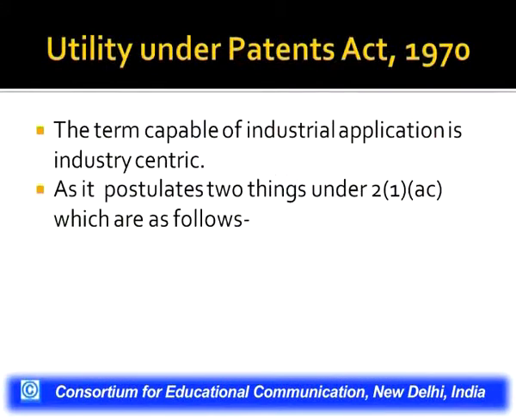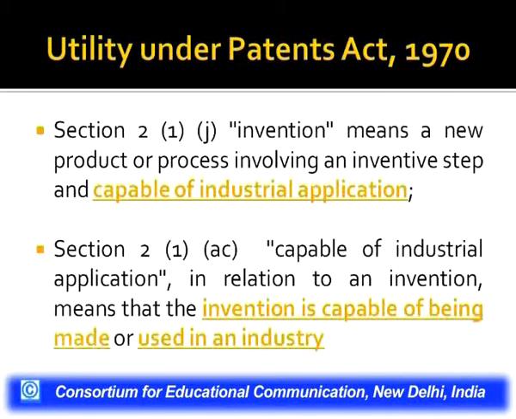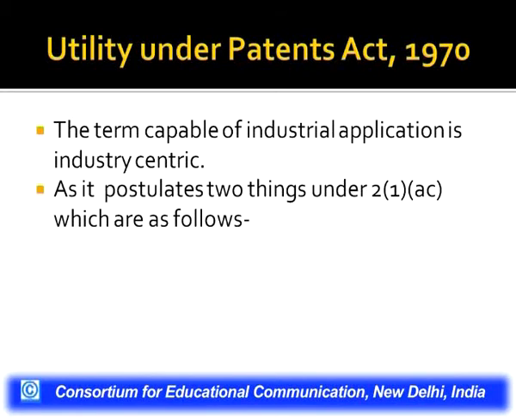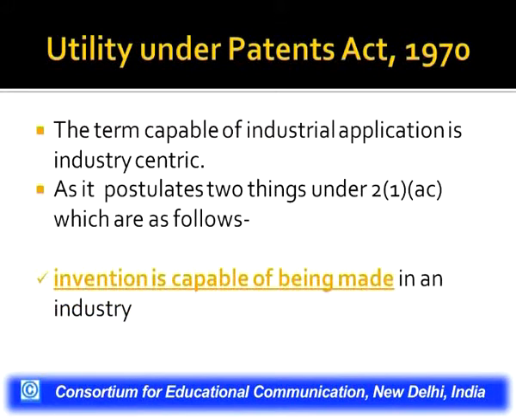Let us see one more thing. Under Section 2(1)(ac), we have highlighted in the previous slides two important things. While threadbare understanding the definition of capable of industrial application, I call that it postulates two things, which are as follows. One, the invention is capable of being made in an industry, and another, the invention is capable of being used in an industry.